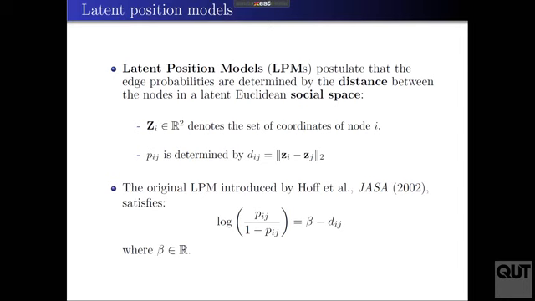In this paper from 2002, they used this particular function for the edge probability. The logit of Pij depends on an intercept beta, and it depends on the distance. As a consequence, if the distance increases, then the edge becomes less likely, and vice versa.